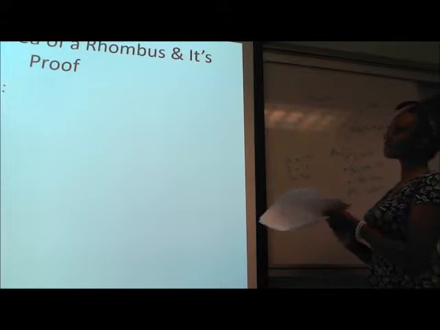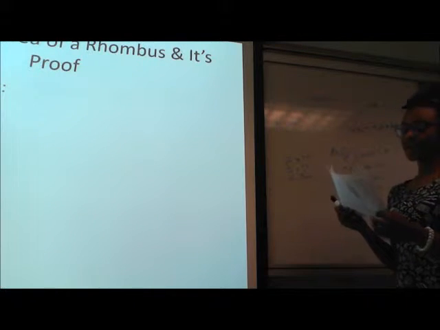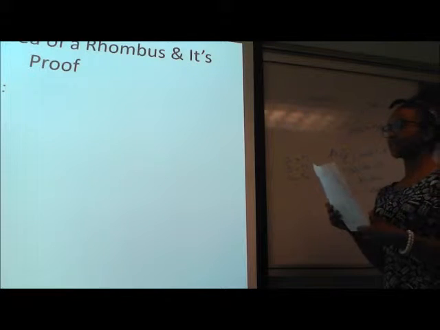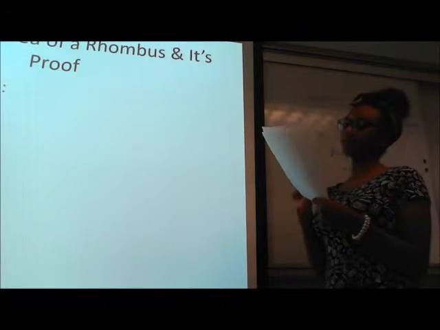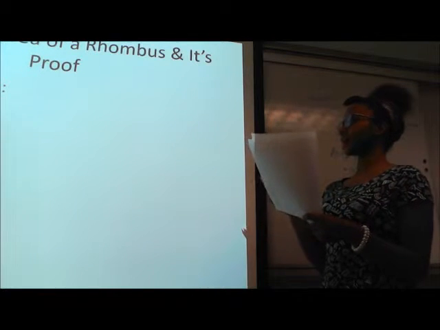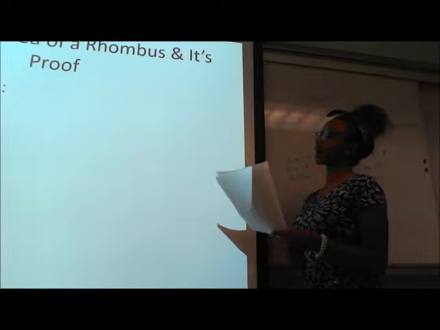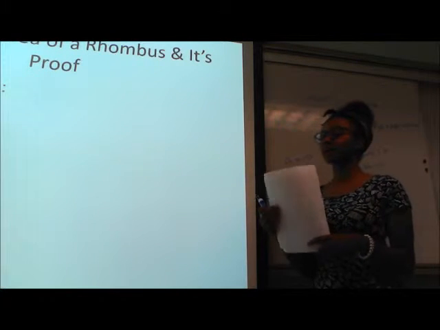Alrighty, now we have finding the area of a rhombus and its proof. Finding the area of a rhombus actually takes many calculations because it's a special type of parallelogram. So we have 3 formulas for the area of a rhombus. A equals the base times the side length.